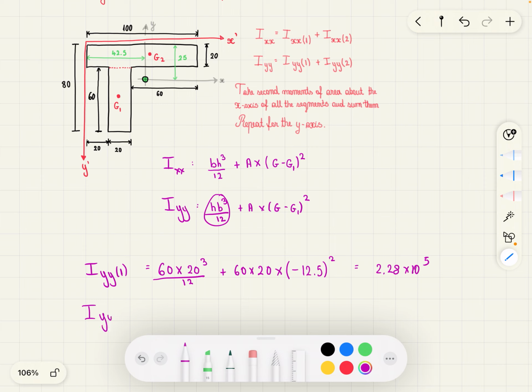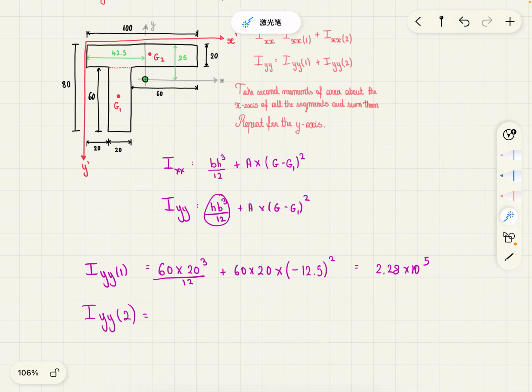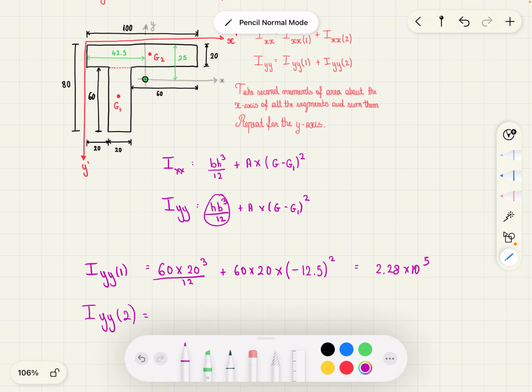Now to find Iyy for the second block, we have the height 20 multiplied by the base length 100, which is going to be cubed and divided by 12.